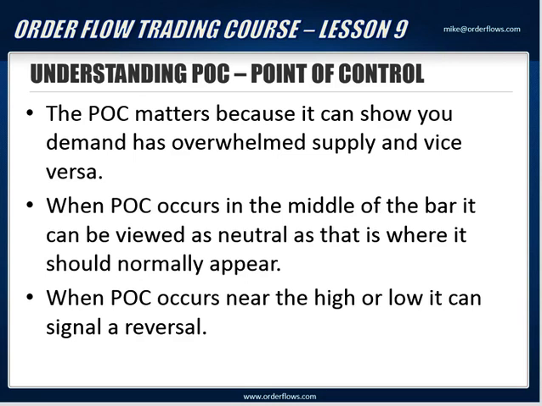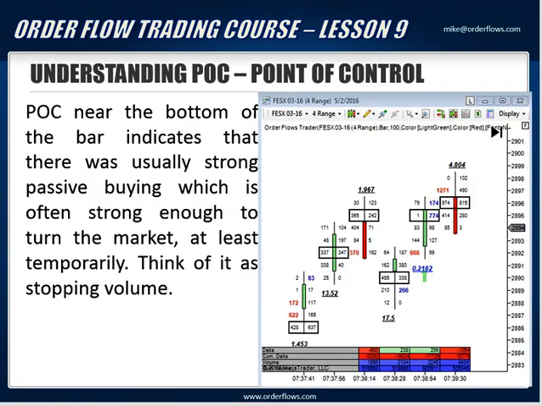In most bars, it's going to appear in the center of the bar. When point of control occurs near the high or the low, it can often signal a reversal. It's an area where the heavy volume was in the bar, and why did the market turn around there? Those are questions you should be asking of the market when you're analyzing it.